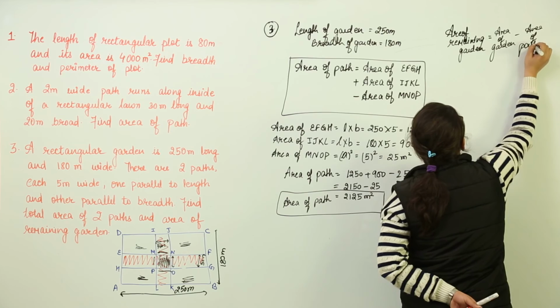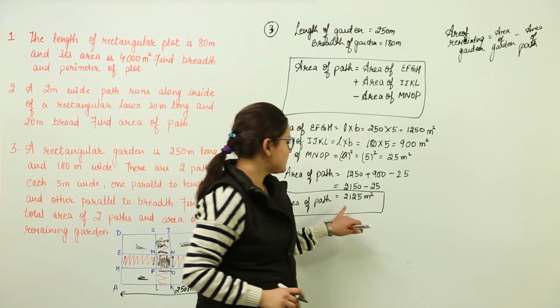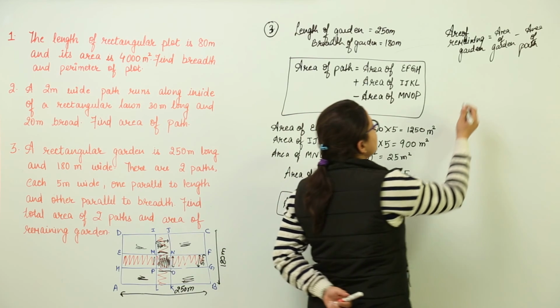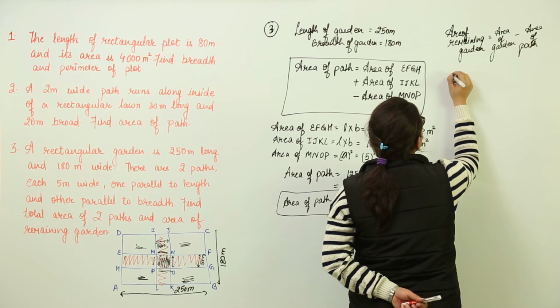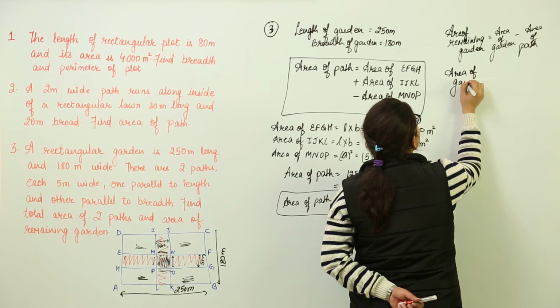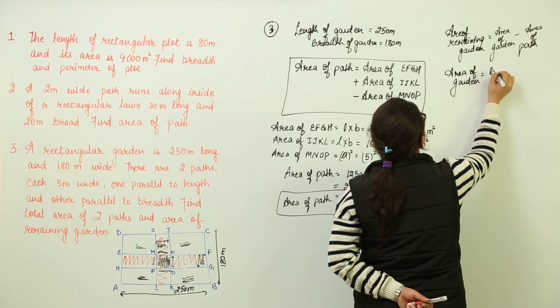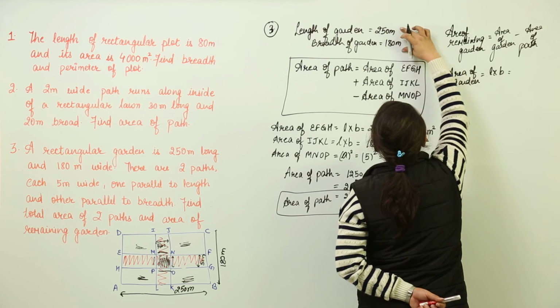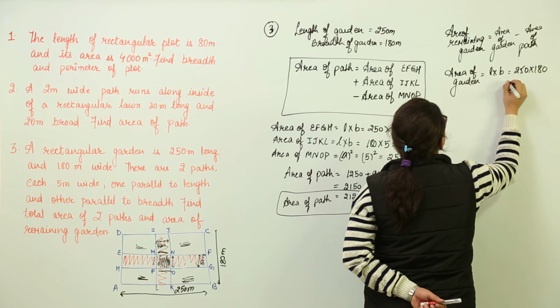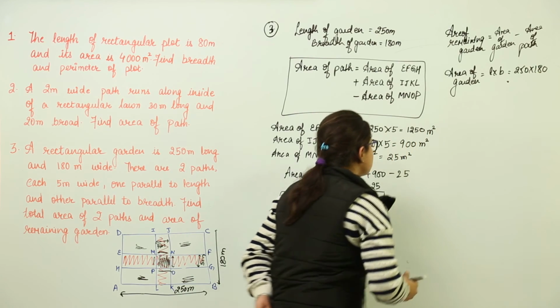So we have the area of path already calculated, but we do not have the area for the garden. So area of garden is to be calculated. That would be done the same way as we have been doing. So area of garden is going to be equal to length into breadth. As we know, the length is 250 and breadth is 180. Its area is going to be some value.